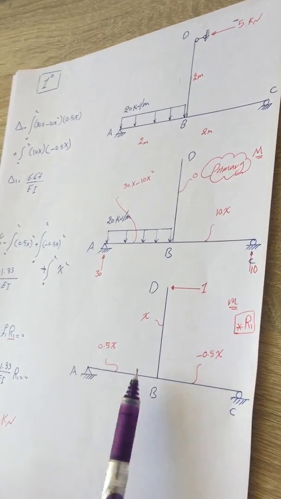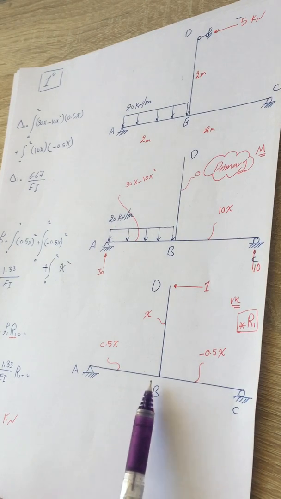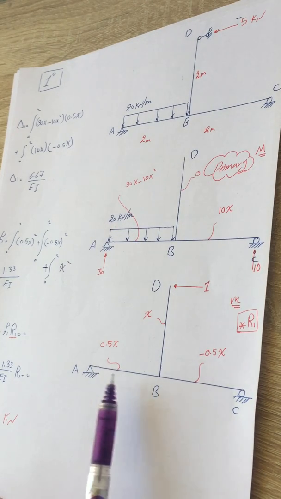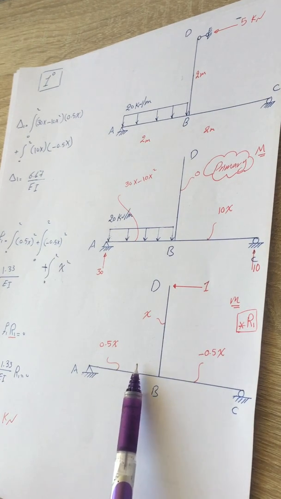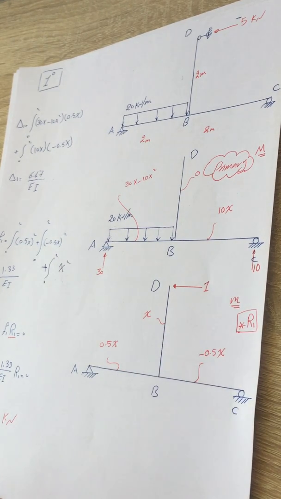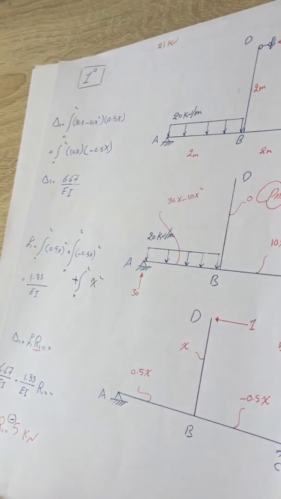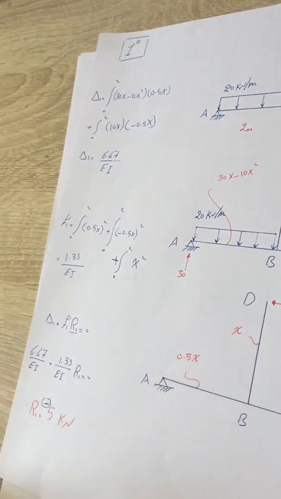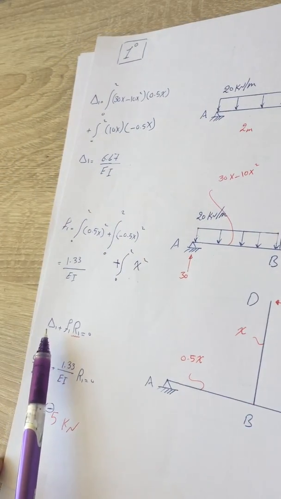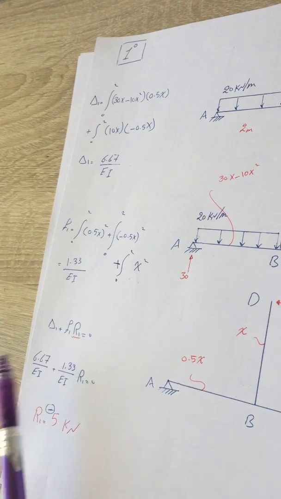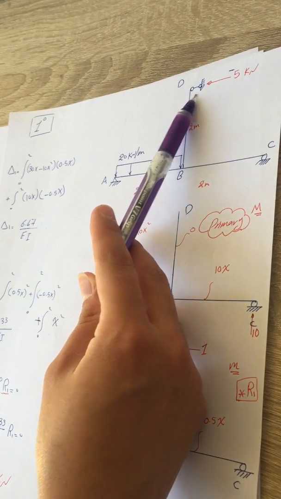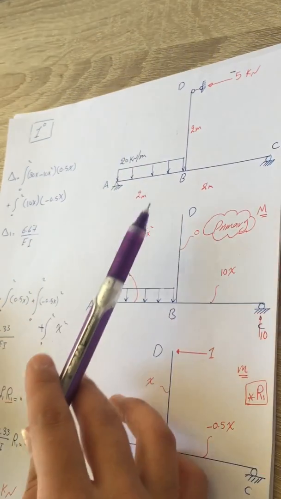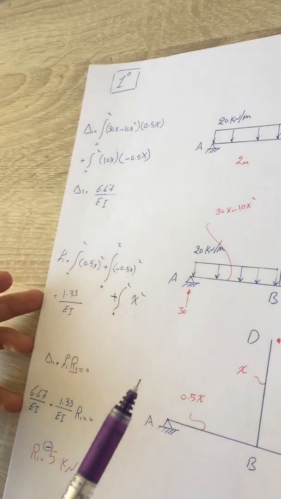For the other structure, I have to do a first degree structure which has a unit load, and find the moment equation for each segment. The equation is delta 1 plus F1 R1 equals 0. R1 is what I'm gonna find, which is this one, because I deleted it from the primary structure.